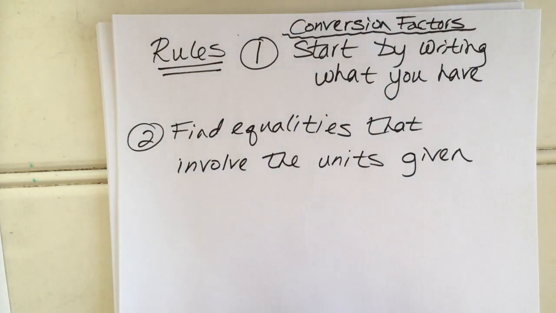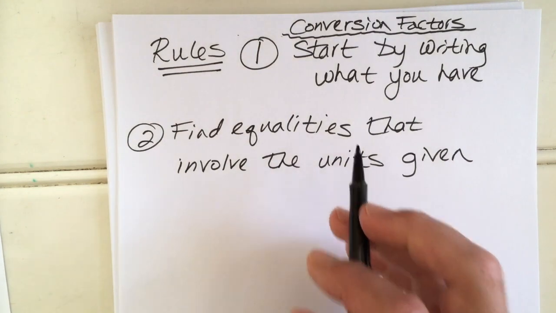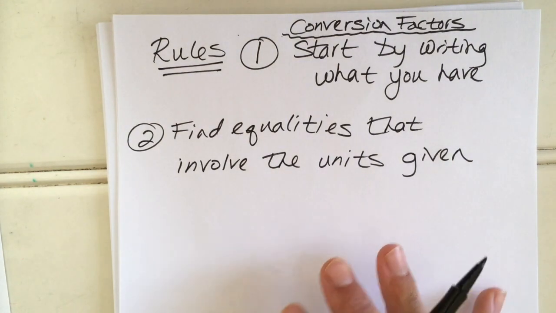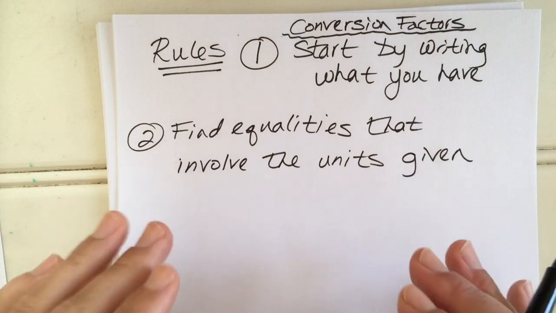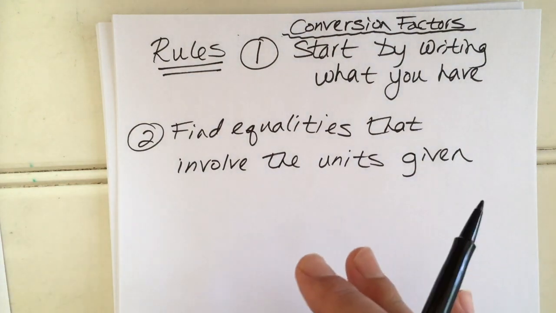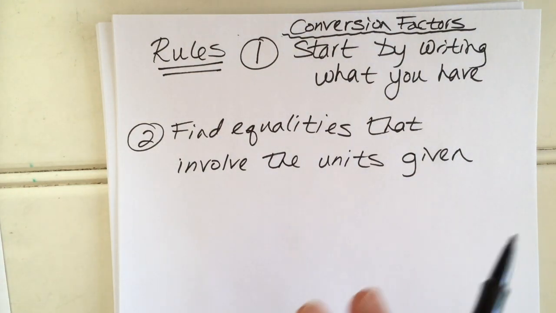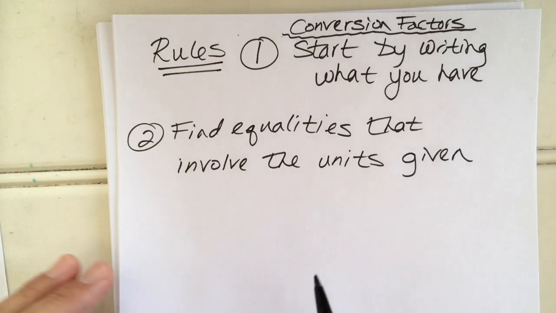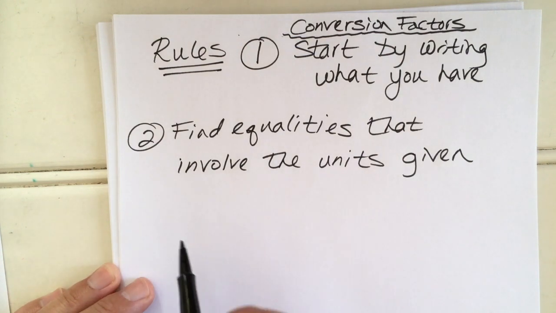And the reason why I said equality is plural there is because sometimes we can find just one conversion factor or one equality that'll allow us to solve the problem. But in other cases, it's going to take multiple equalities. So we're going to find equalities that involve the units given.